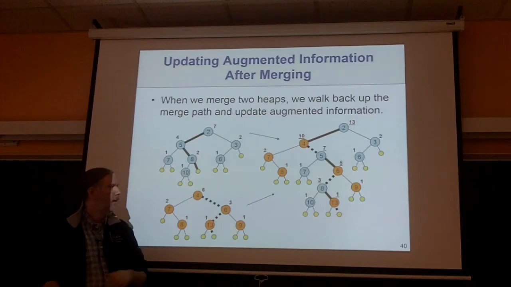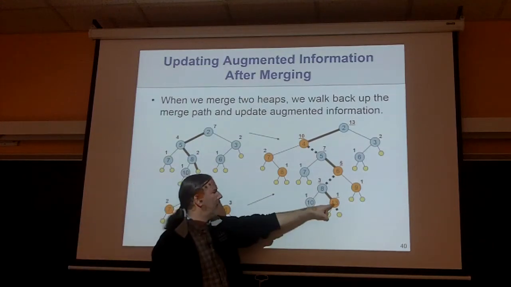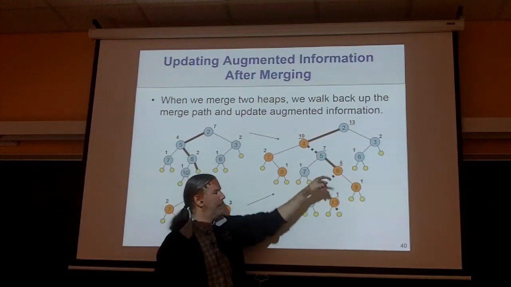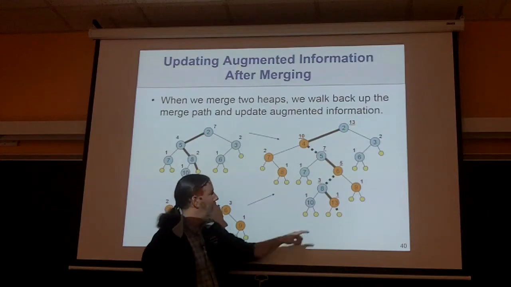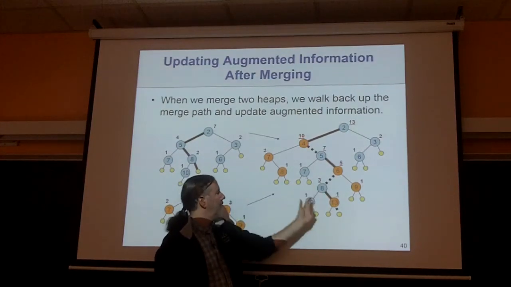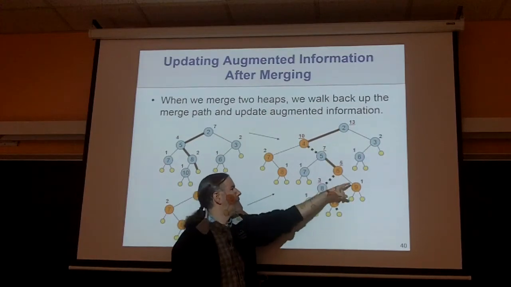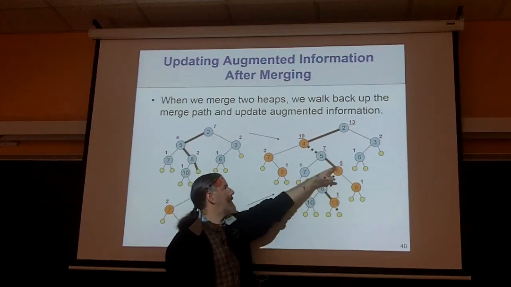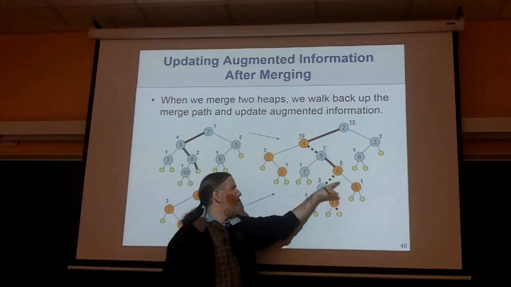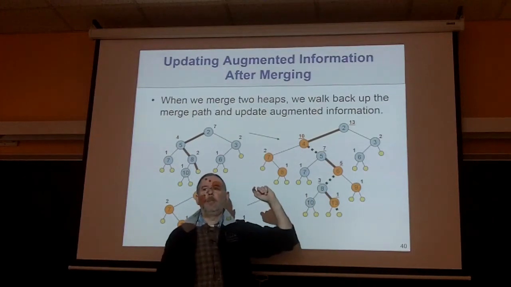Just add its 2 children. Yeah, I can just start at the bottom and walk back up the combined merged path, and I can update these numbers as I go up the tree, because each number is really easy to compute once I've computed correctly its 2 children, right? This guy's size is the sum of his 2 children's sizes plus 1 for himself.